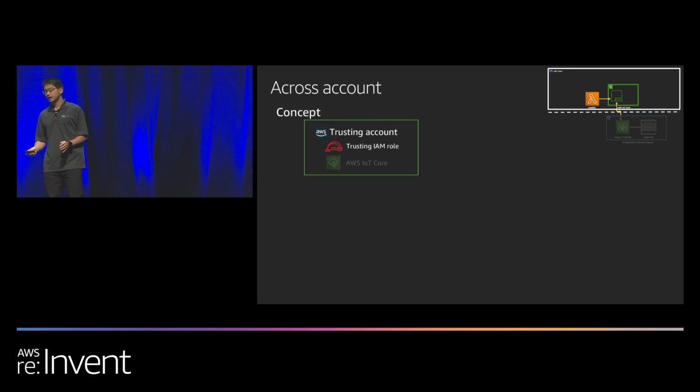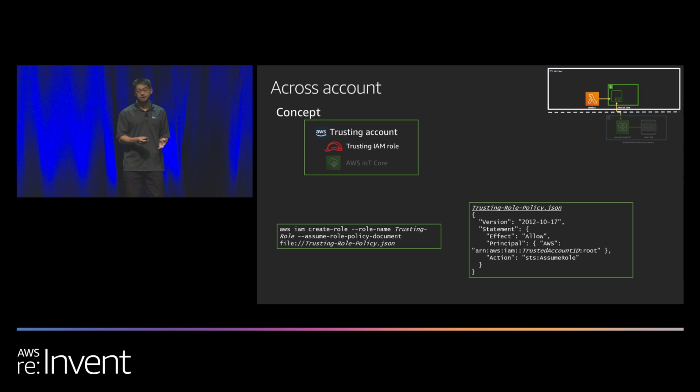So first, let's think about this. We name the AWS account which has the devices in it, and where we want to send messages to, the trusting account. In the trusting account, we first need to create an IAM role which allows the trusted account to assume this role.